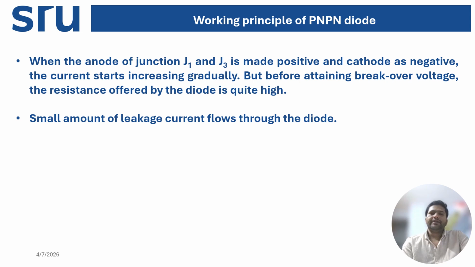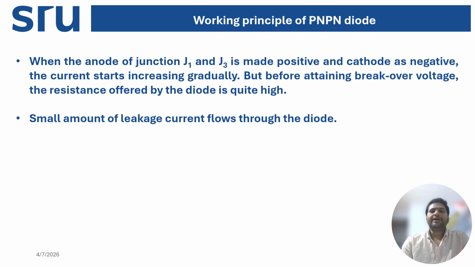The anode is positive and the cathode is negative. Junctions J1 and J3 are forward biased. J2 is reverse biased. Because J2 is reverse biased, it blocks the current flow. So only a small leakage current flows, and the device is in the off state.